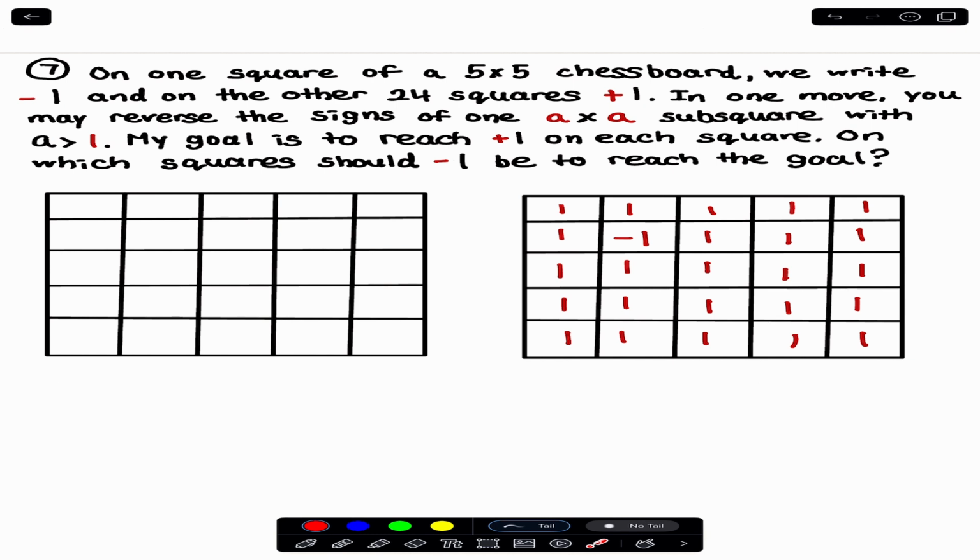The reason why we say that a has to be greater than 1 is because if you just change the sign of a 1 by 1 subsquare, then we can just change this one and then very easily get everything is +1. So that's not what we want. That's too easy.